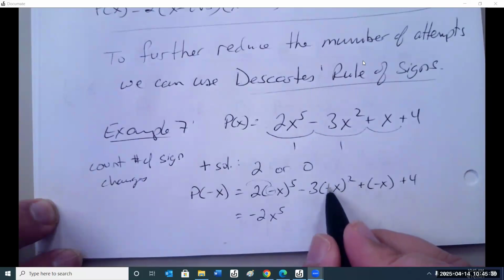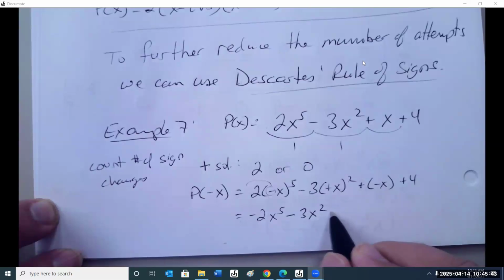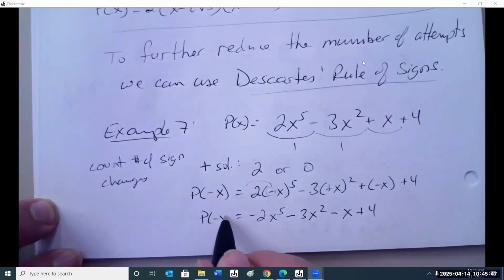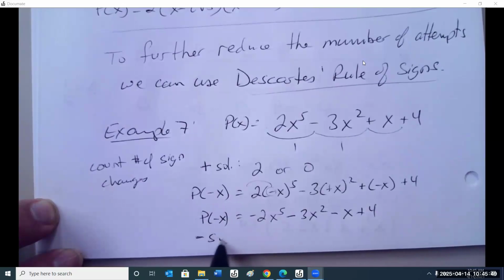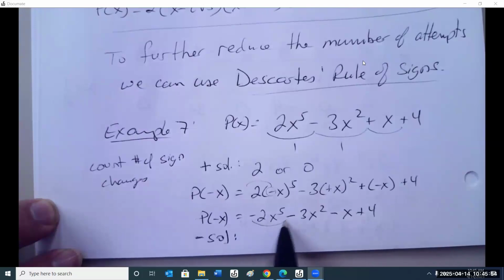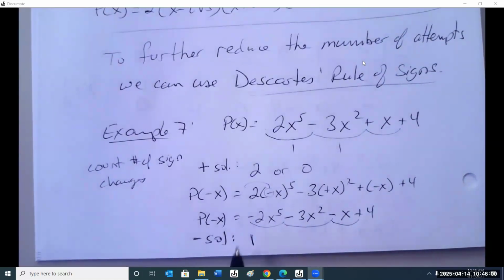Since that's even, it'll cancel. This one becomes a negative. Now, for my number of negative solutions, how many sign changes? Is that a sign change? No. That one? No. So here we only have 1. So we're only going to have 1 negative and 2 or 0 positive solutions. Which tells us what?